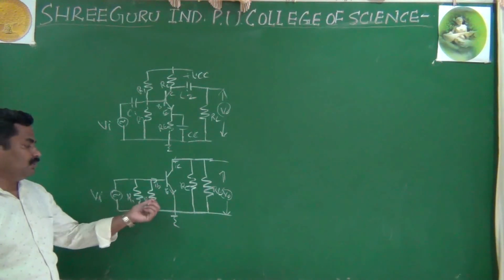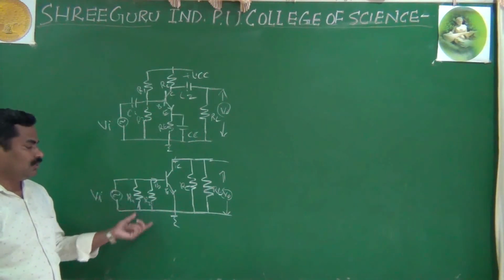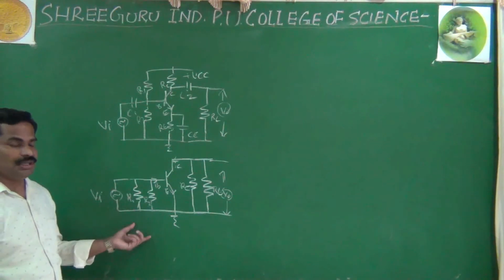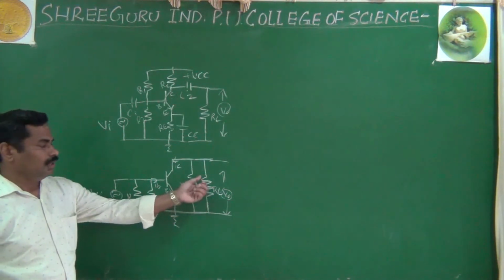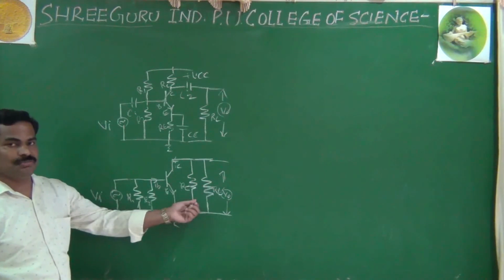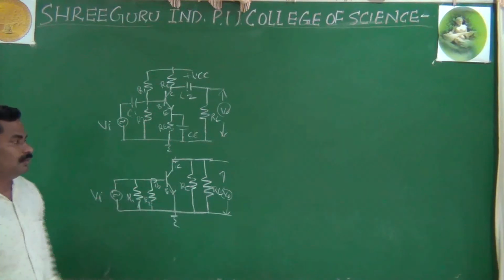If resistances are in parallel, you get a single equivalent resistance, using the formula for parallel resistance.